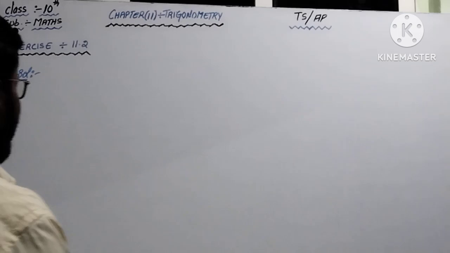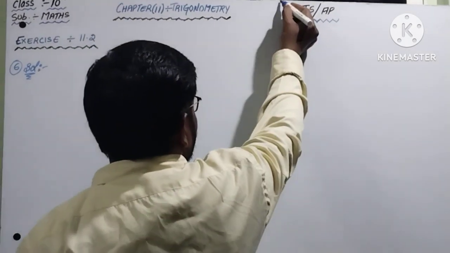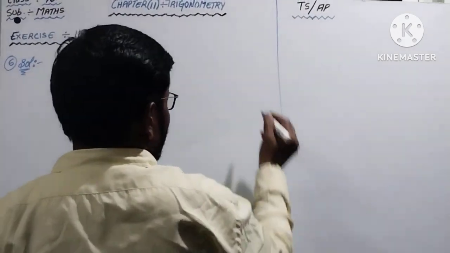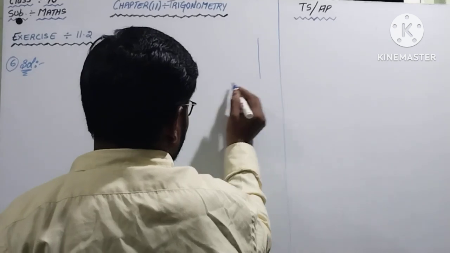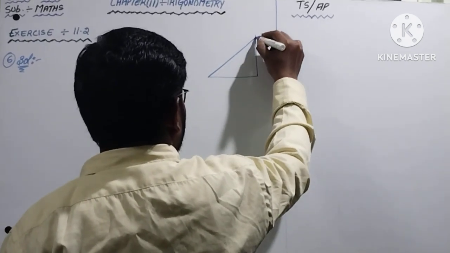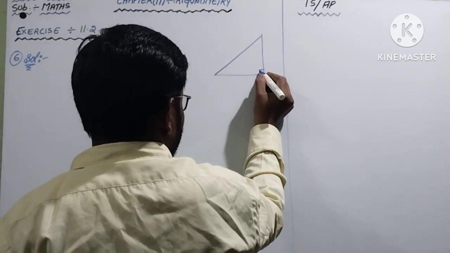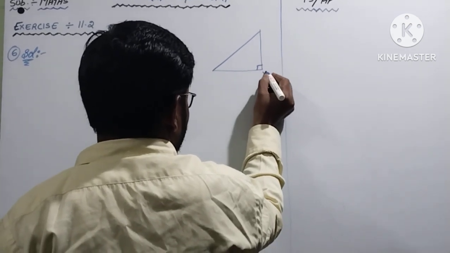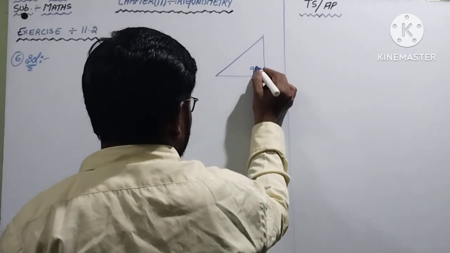So let's see here. Now I am drawing the diagram of triangle XYZ. The right angle is at Y, that means 90 degrees.